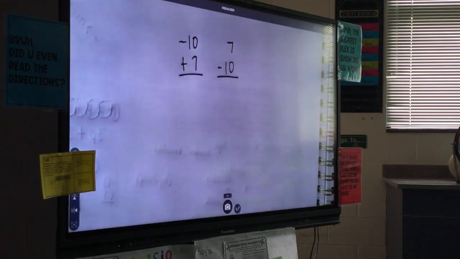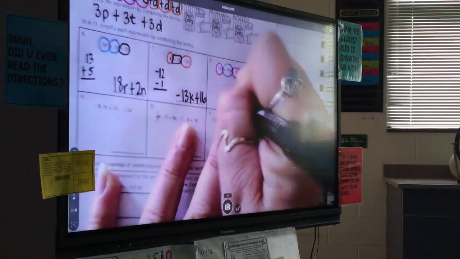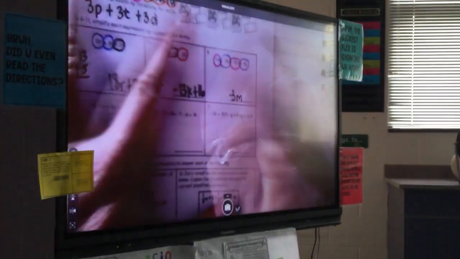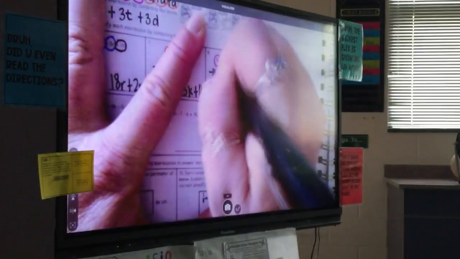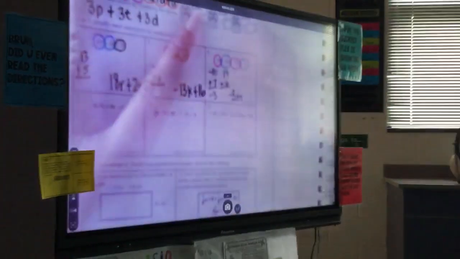Whatever makes most sense to you. So that becomes negative 3m. And then what is 19 plus 6? 25g.